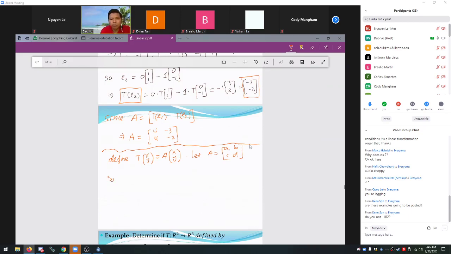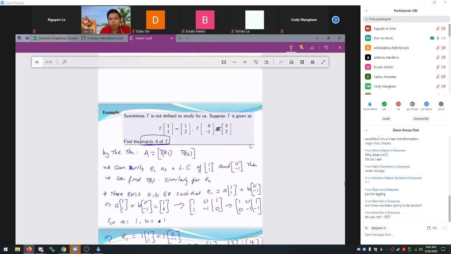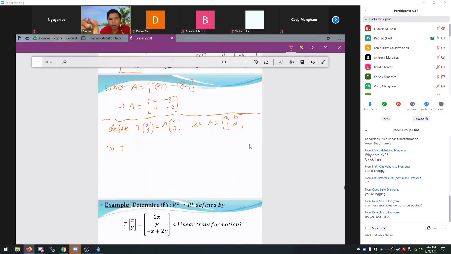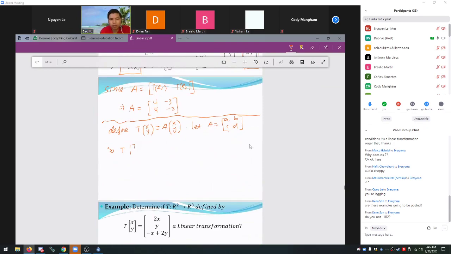So T of (1, 1) equals (1, 2). T of (1, 1) equals [a, b; c, d] times (1, 1), and this also equals (1, 2).